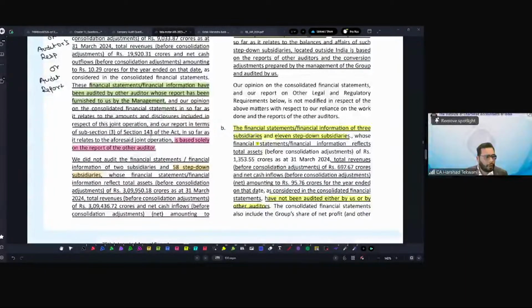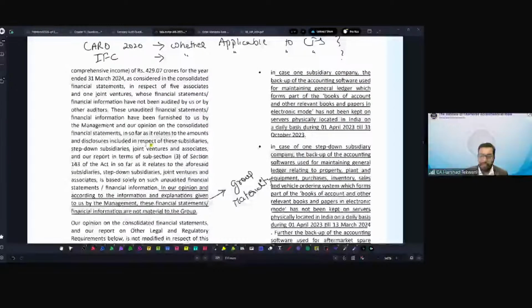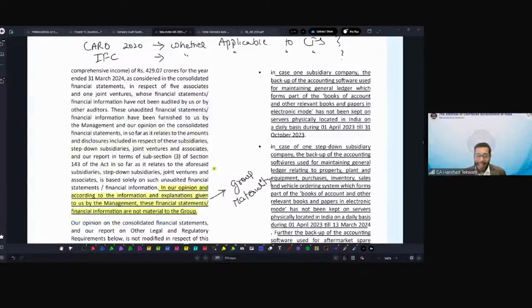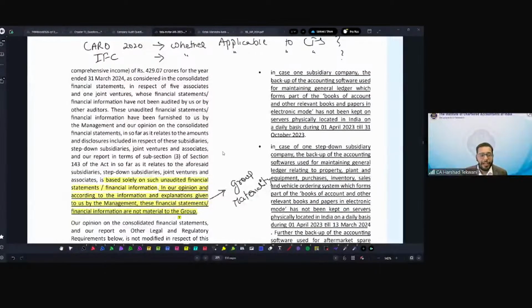If you see here, what they are saying is that in our opinion and according to the information given to us by the management, these financial statements or financial information are not material to the group. Means these financial statements were not audited by any auditor, just like in our example, instead of having non-audited financial statements, we don't have information.